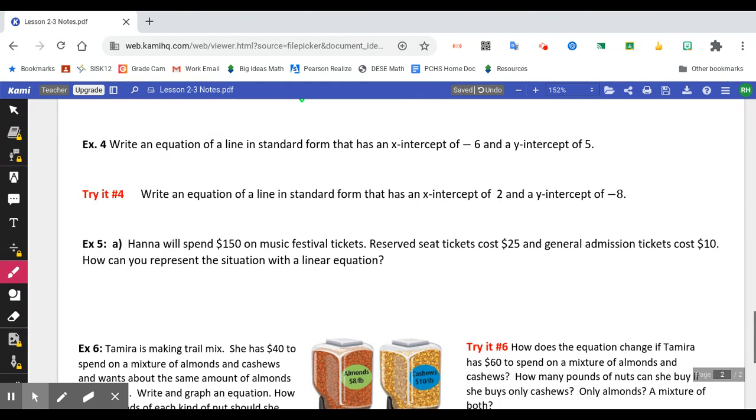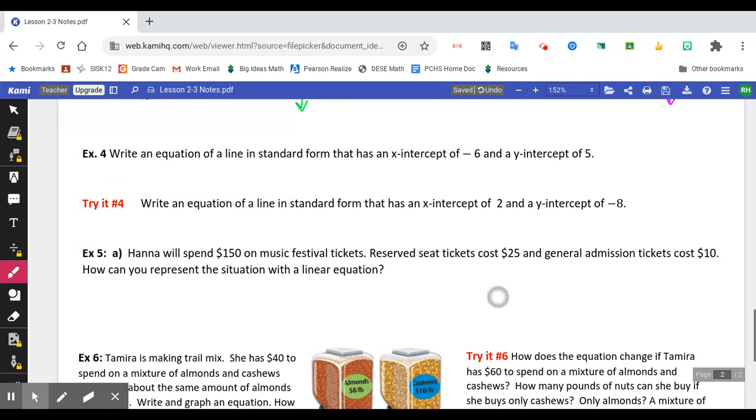So, writing equations of lines when they're giving you the intercept is a little bit different. So we have to remember that in order to get the x-intercept of -6 and the y-intercept of 5, they plugged in zeros to an equation. Okay, so the first thing you need to do is multiply your two numbers together to get the answer.